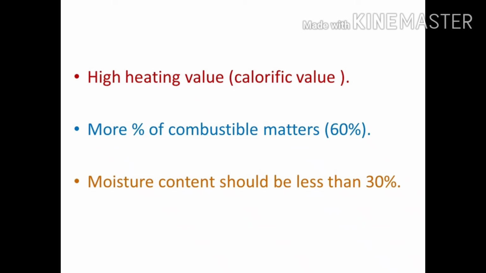And another characteristic is that moisture content should be less than 30%. If the biomedical waste generated has less than 30% moisture content, it can be separated from the other waste. Those are subjected to different disposal methods according to these types of characteristics. So this is about the characteristics of biomedical waste.